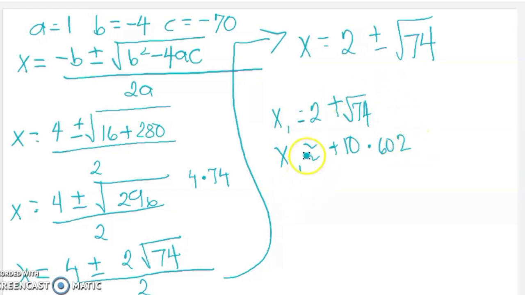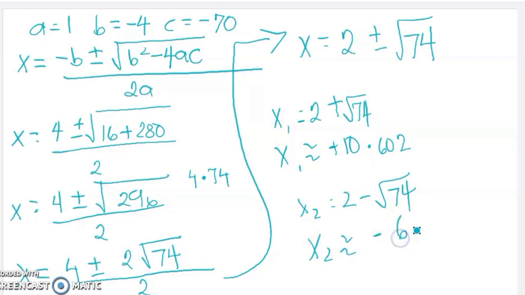Yan yung una. Then, yung isa naman, x sub 2 is equal to 2 minus square root of 74. So, yung x sub 2, approximately, we have negative 6.602.